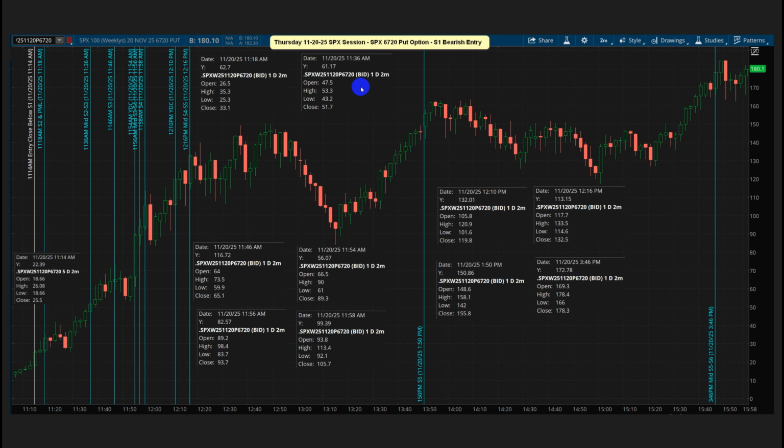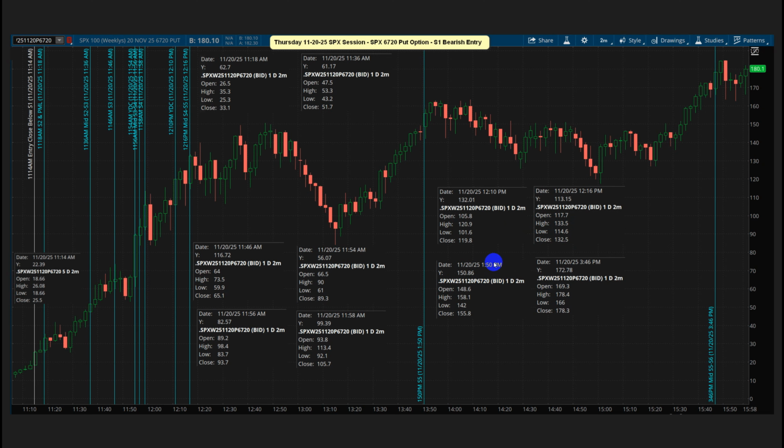Then we have the 11:36 a.m. candle. Next the 11:46. Then the 11:54. Then the 11:56, 11:58, 12:10, 12:16, 1:50.